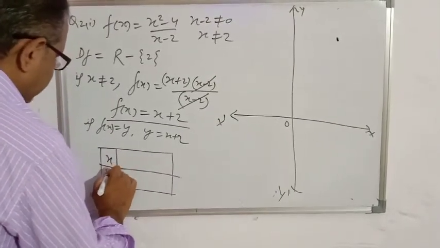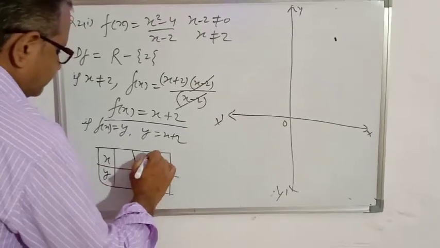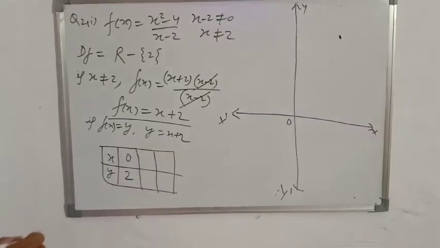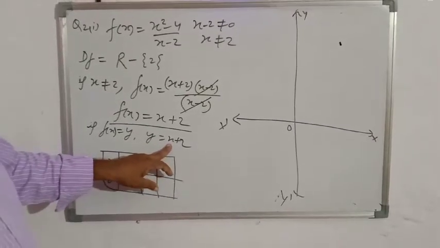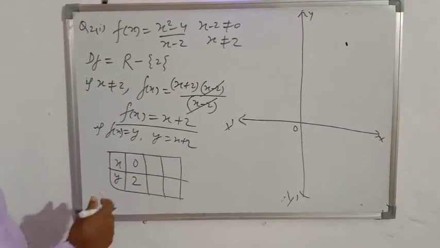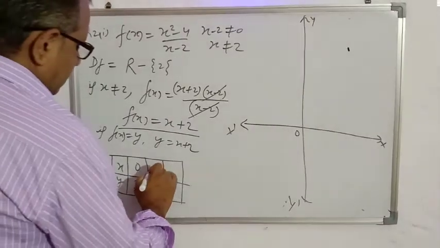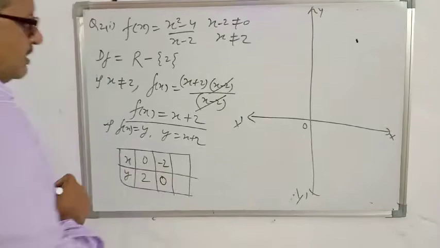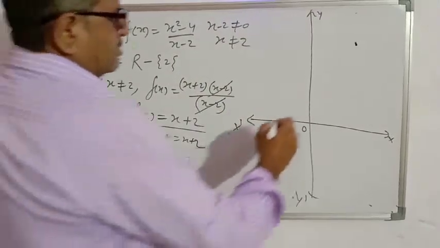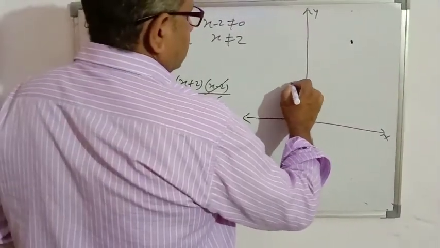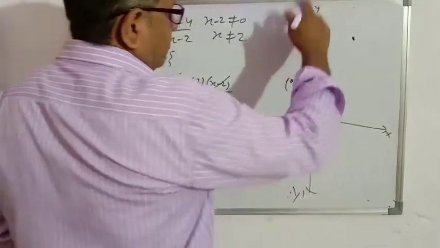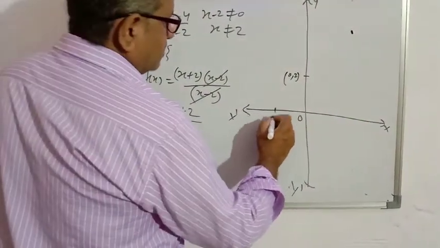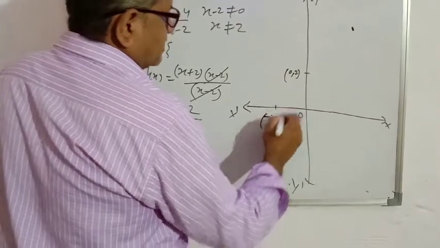x, y meaning f(x). Suppose x is 0. If x is 0, what will y be? y will be 2. x is minus 2: minus 2 plus 2, y will be 0. So 0 comma 2 will lie on the y-axis, and minus 2 comma 0 on the x-axis.